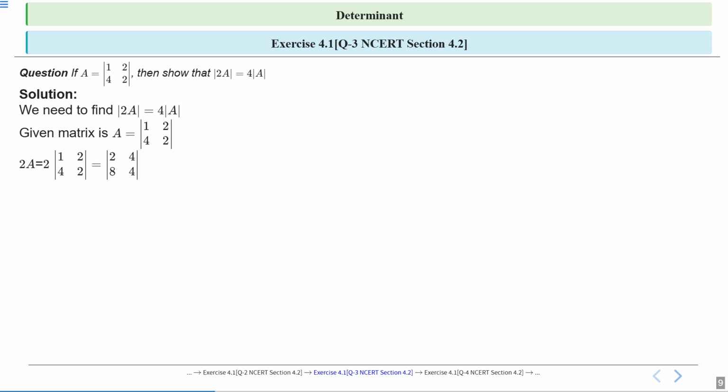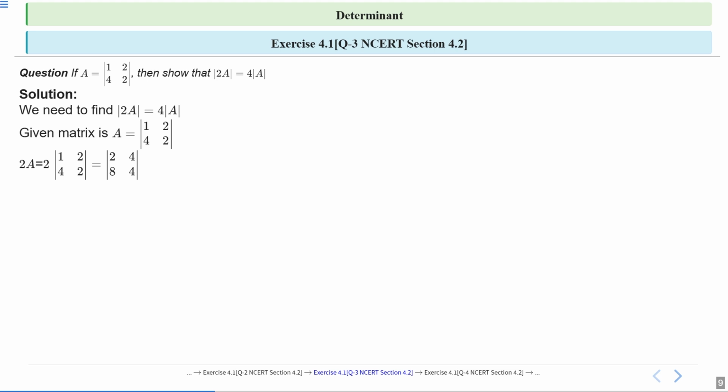So if a matrix is A11, A12, A21, A22, and we multiply with a scalar lambda, then lambda A is lambda A11, lambda A12, lambda A21, and lambda A22. So we multiply each element with that scalar. So when we find the matrix 2A, we multiply 2 with each element.